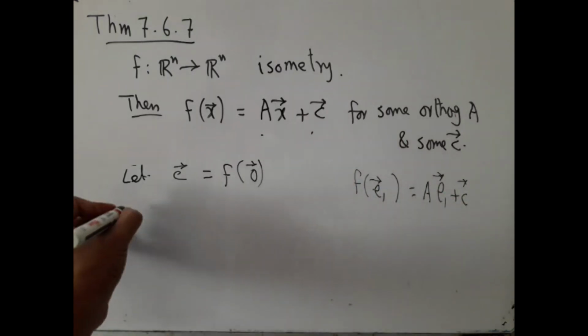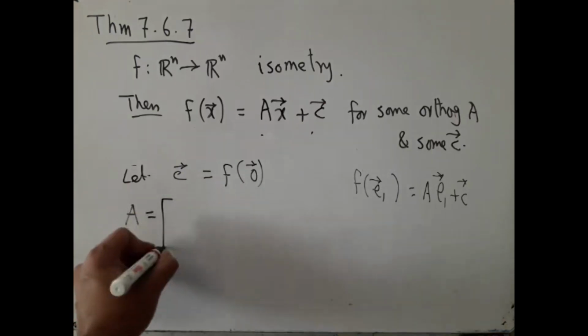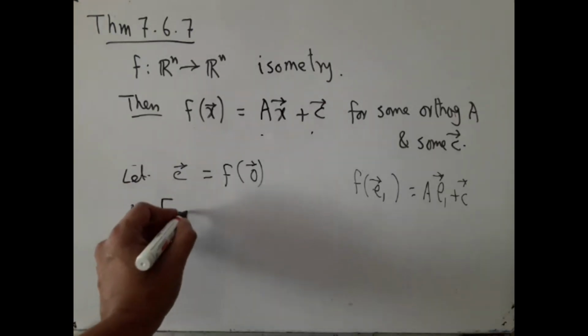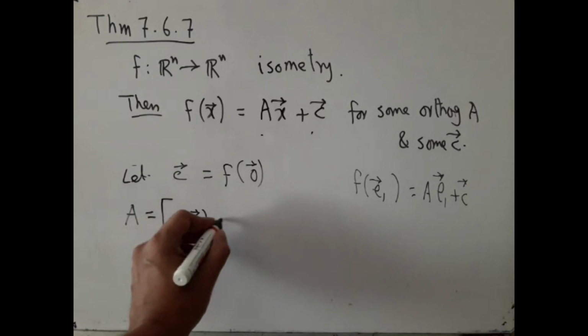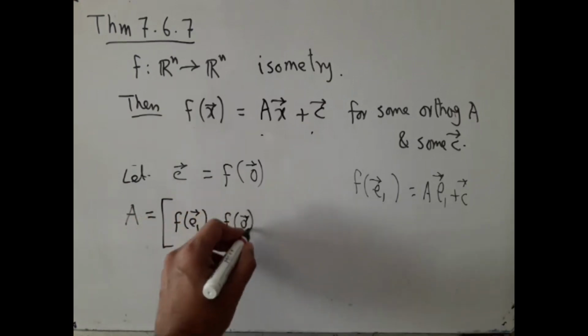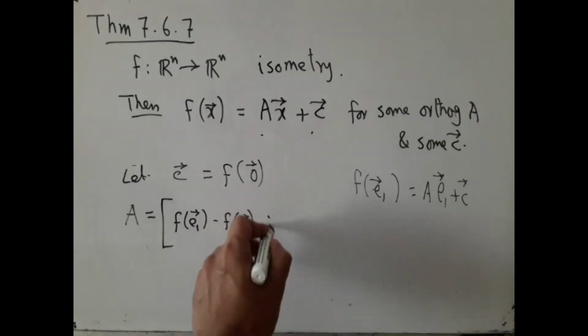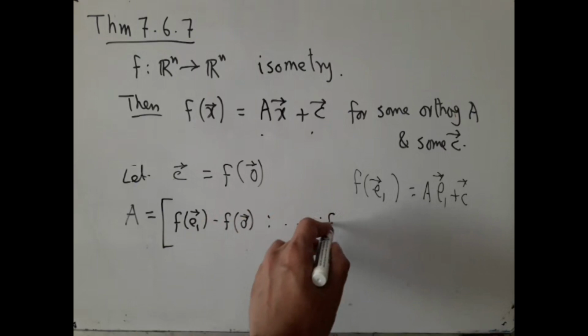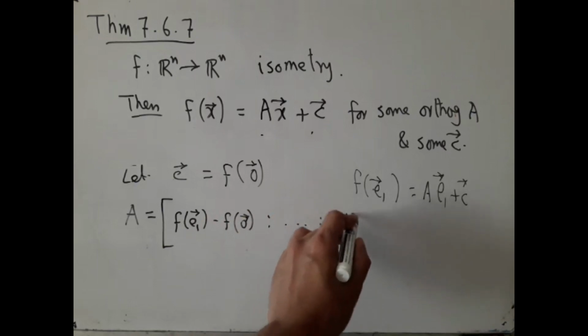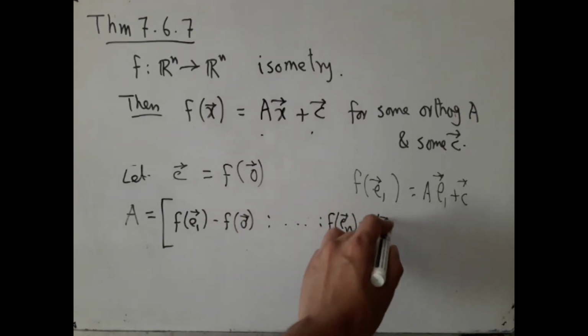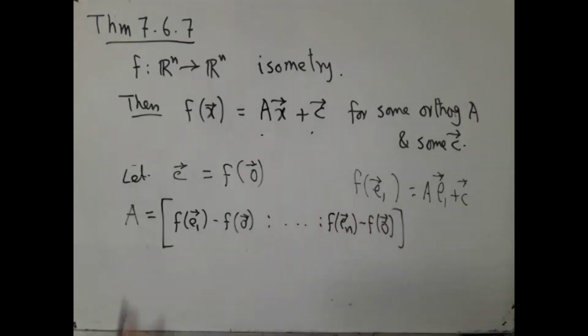So I will create A in the following way. The first column is f of e1 minus f of 0. The second column is f of e2 minus f of 0, and I go on and on, up to f of en, the last one, minus f of 0. So I get a matrix here and I get a vector here. Now I want to show that f of x is indeed equal to this, and then I want to show that this matrix is an orthogonal matrix.